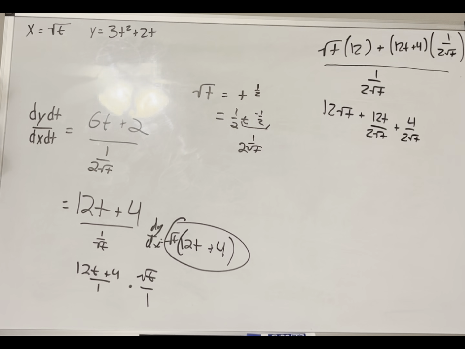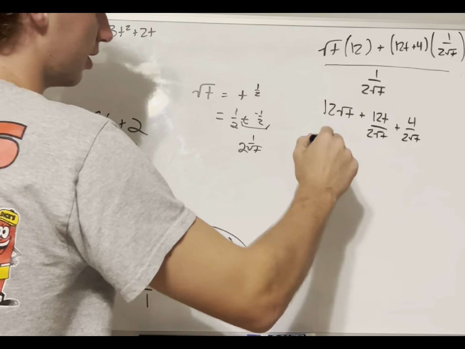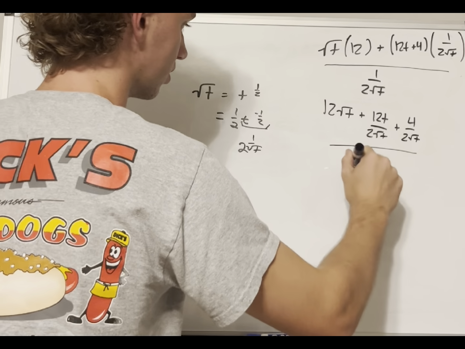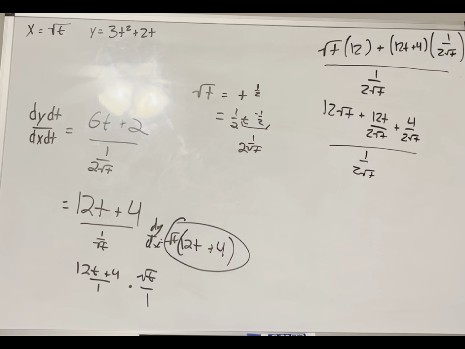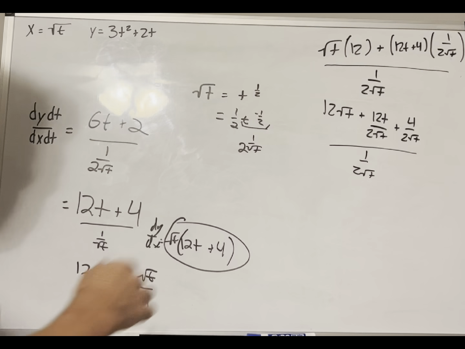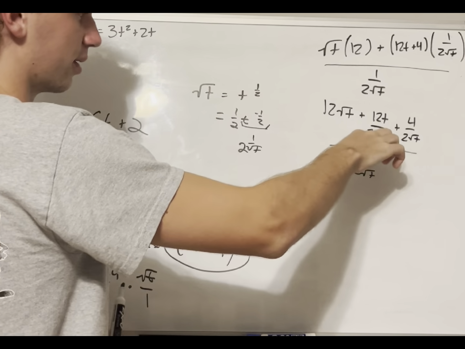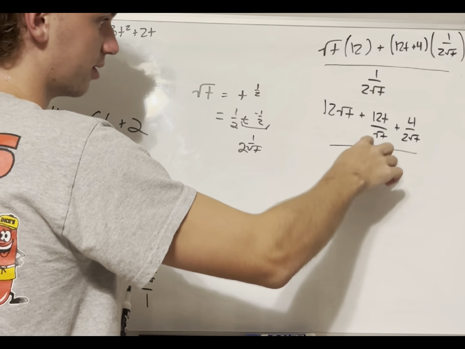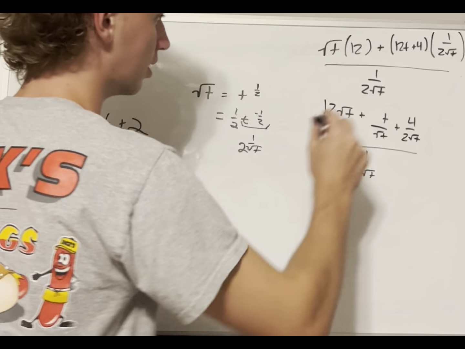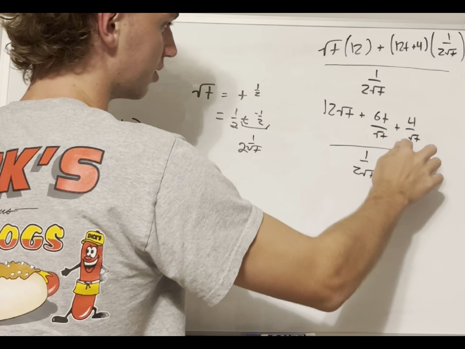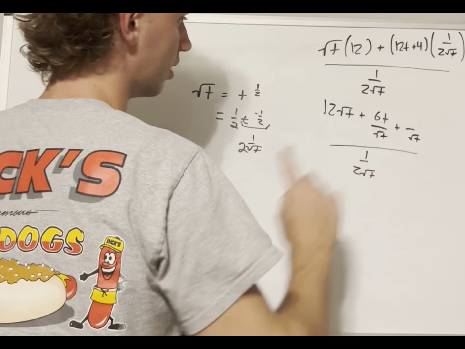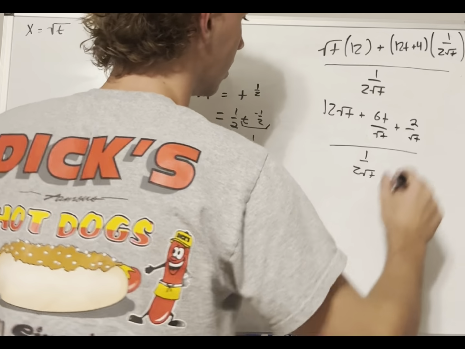It does not matter. And then all of that divided by 1 over 2 root t. So from here, I'm first going to simplify. 12 divided by 2 is 6. So I'm going to simplify that one down to a 6t over root t. Same thing, 4 divided by 2 is just 2. So 2 over root t.